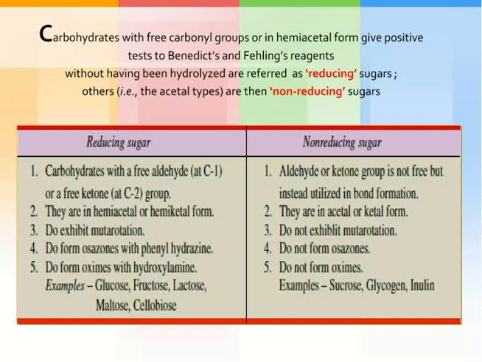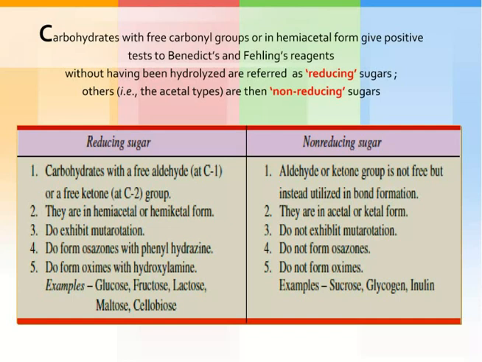So what is the difference between reducing sugar and non-reducing sugar? Reducing sugar: carbohydrate with a free aldehyde at carbon 1 and free ketone at carbon 2. They are in hemiacetal or hemiketal form, do exhibit mutarotation, do form osazone with phenylhydrazine, do form oxime with hydroxylamine, like glucose, fructose, lactose, maltose and cellobiose.